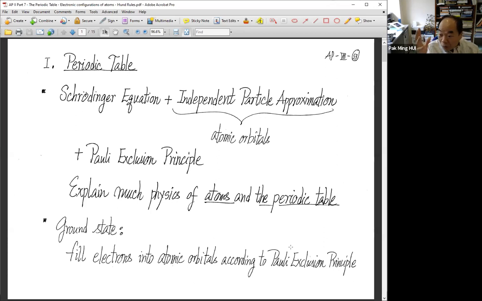We have done a lot of approximations, but it turns out nature is kind to us. Those approximations work very well. Let's recap what we did. We tried to reduce many electron problems to single electron atomic orbital problems. That has to do with a lot of self-consistent calculation, the Hartree-Fock way to handle electron-electron interaction.